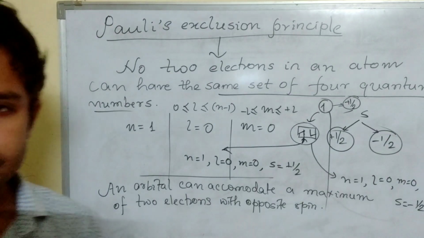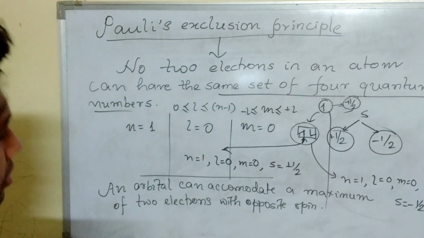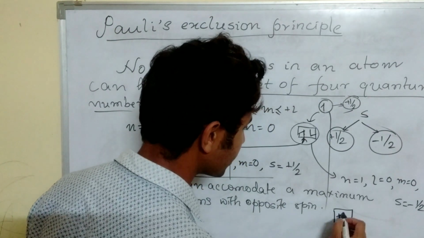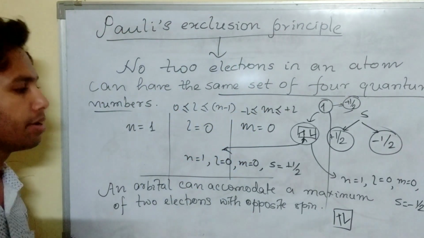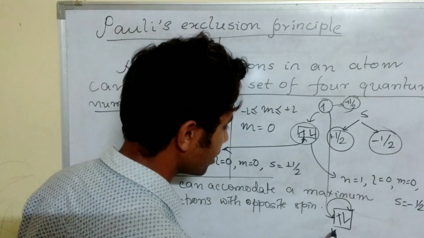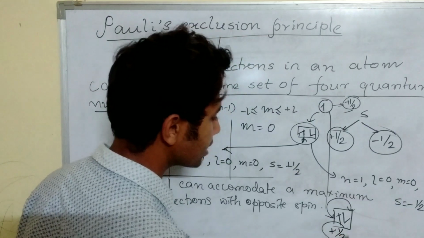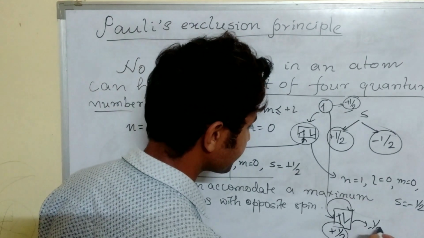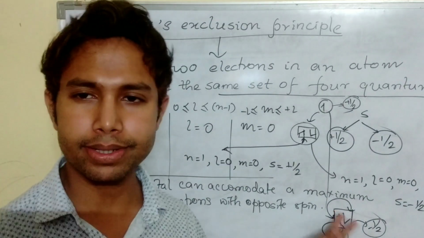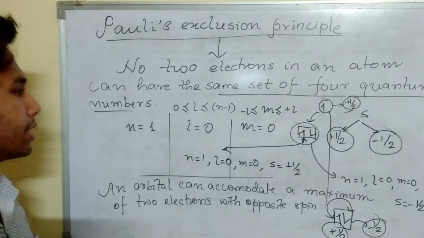This means that only 2 electrons may exist in an orbital, and they have opposite spin. If one spin is plus half, the other spin must be minus half for the 2 electrons present in the same orbital.